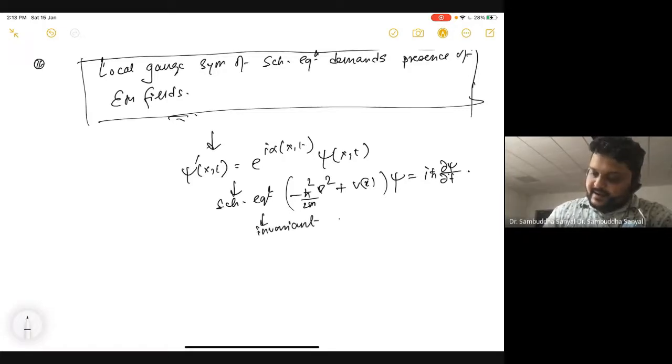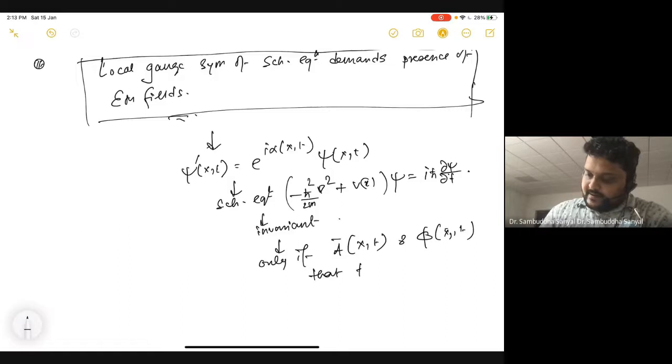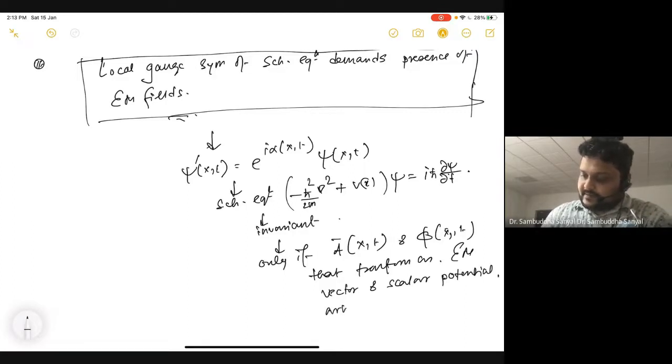We see that it is invariant only if there is an A(x,t) and phi(x,t) that transform the way a gauge field transforms, as the EM vector and scalar potential, with the arbitrary function being the same alpha(x,t). This is what we understood.